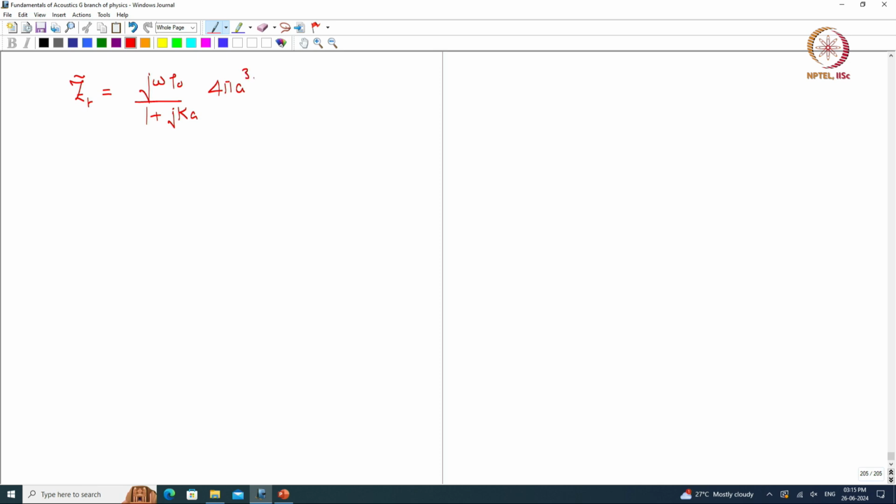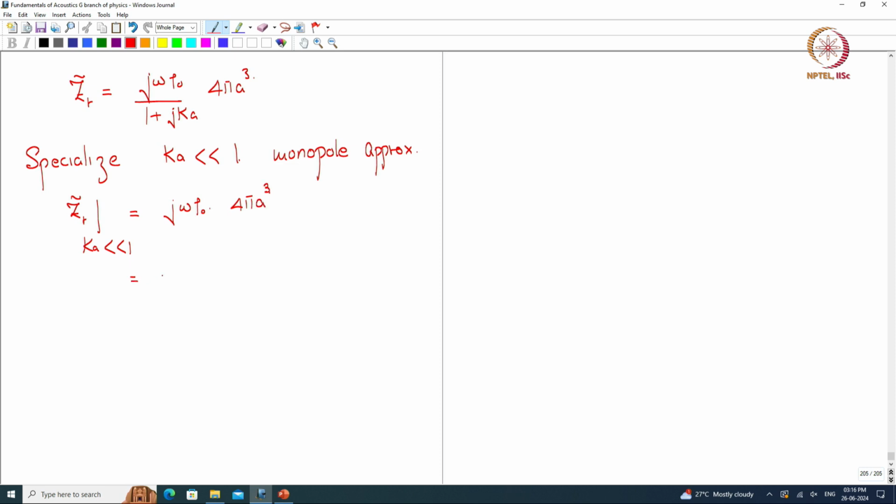Now we will specialize this expression for ka very small. That means we take it to the monopole approximation. If we do that, Z tilde r for ka much smaller than 1 is j omega rho 0 into 4 pi a cube.